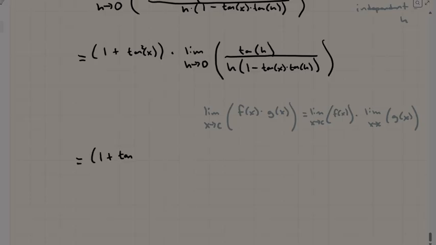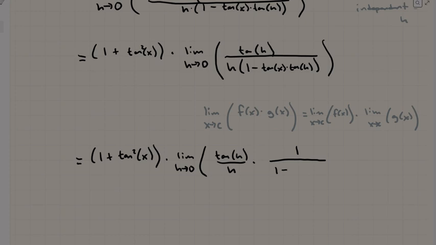So let's rewrite what we've got so far. 1 plus tangent squared of x times. Now we're going to write this as the limit as h approaches 0 of, let's get this tangent of h over h by itself. And so then if we factored that out of that term, we would be left with 1 over 1 minus tangent x times tangent h.